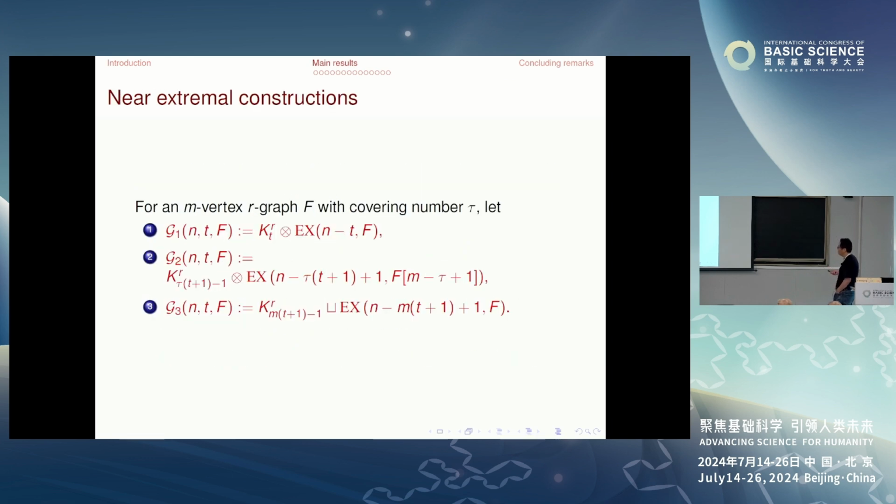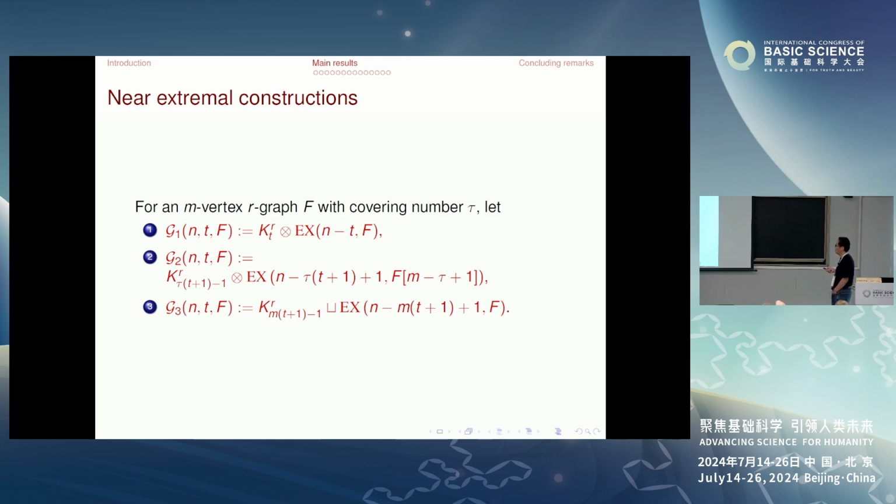The second graph is also a join of the complete graph, but the order is this one, the join of another extremal graph. This extremal graph is not F, but F_{m minus tau plus 1}.